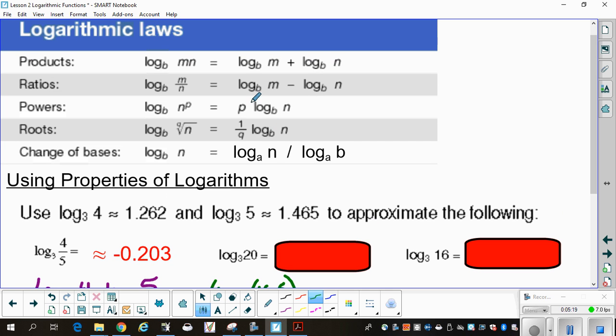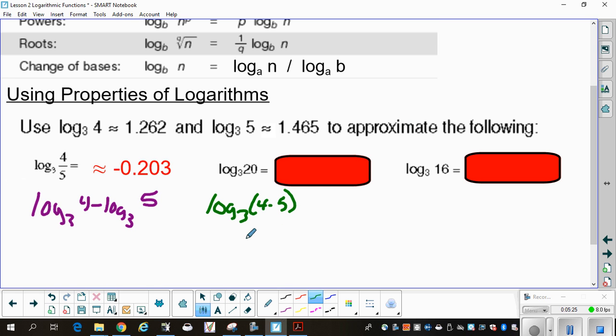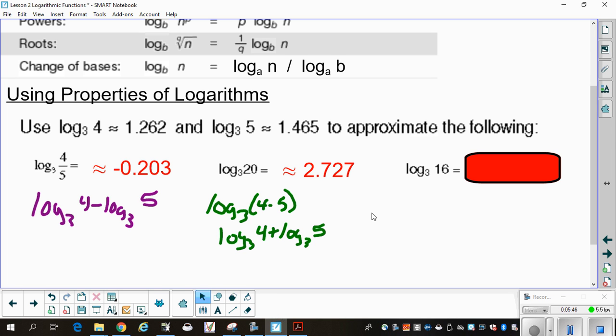And if I look up here, log base 3 of 4 times 5 becomes log base 3 of 4 plus log base 3 of 5. Now I'm going to add 1.262 to 1.465, and I find my answer is 2.727.